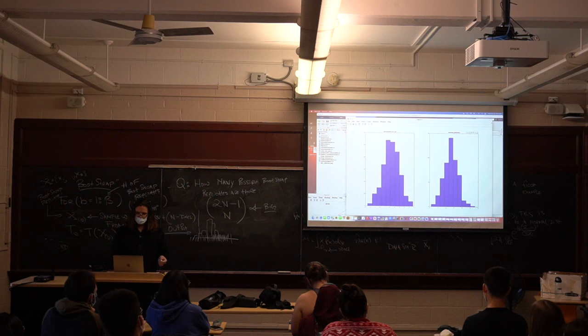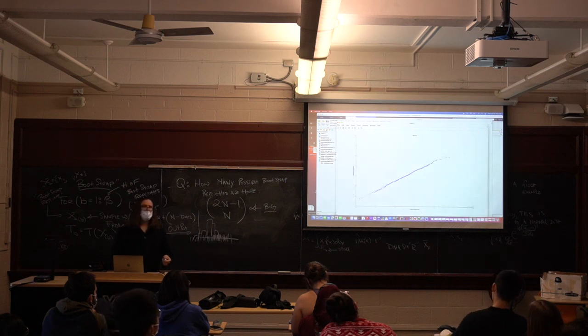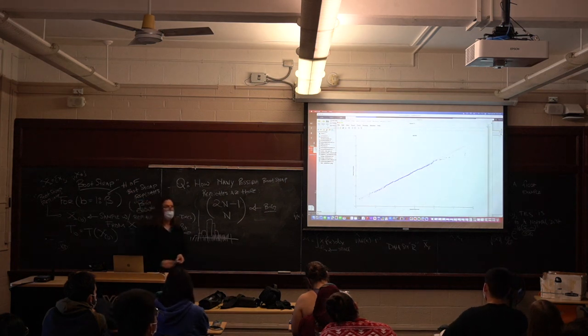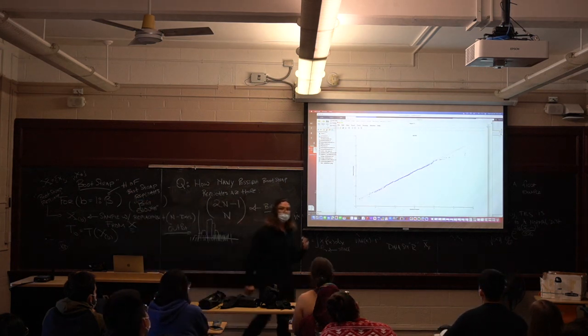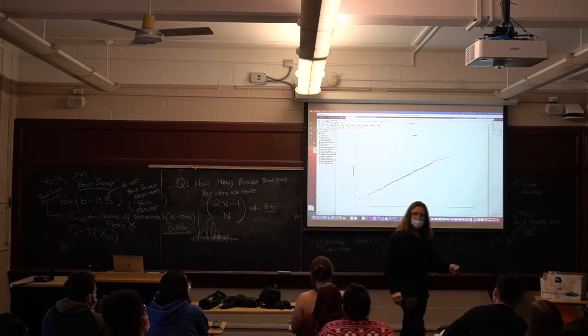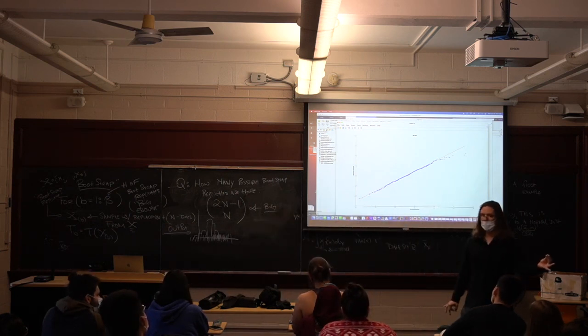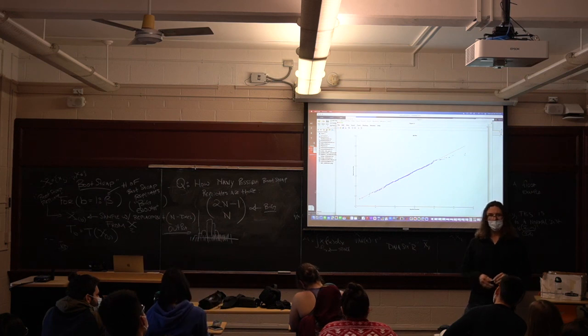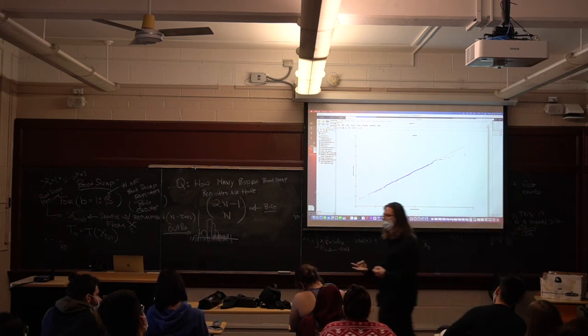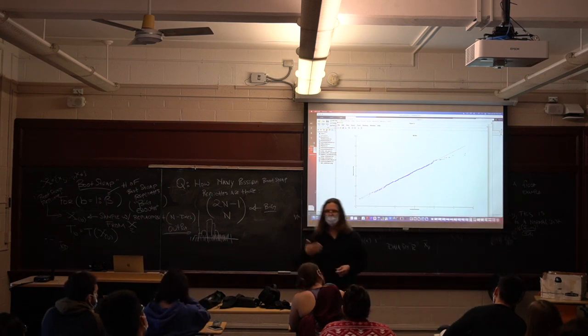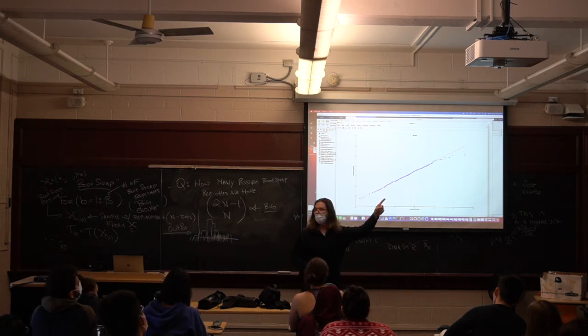So I'm just going to compare them directly using a QQ plot. And if you don't know what this is, look it up. I'll come back next time and explain what this plot tells you. But what I'm plotting is the quantiles from these two different distributions. So I'm taking the 5% quantile from one of them, and the 5% quantile from the other one, and plotting them next to each other. Then I look at the 10% quantile, and so on and so forth. This is chopped up a lot finer than that.